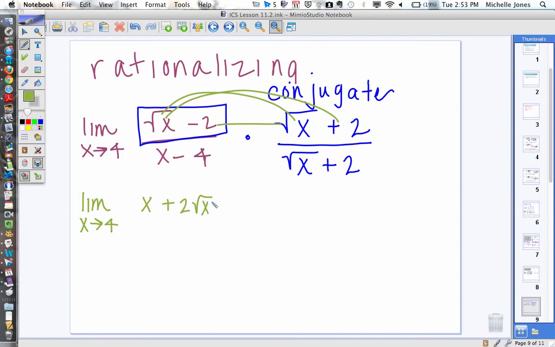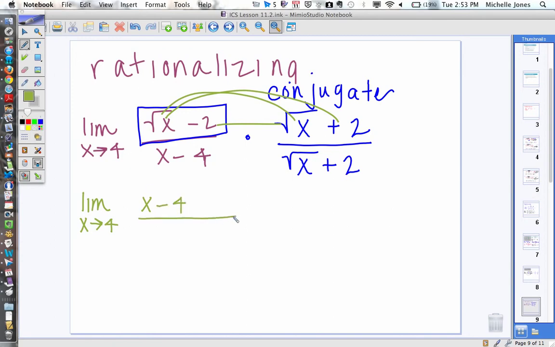Inner, you're going to get negative 2 square roots of x, and then you're left with a negative 4. This is why the conjugate is so helpful. Your inside and your outside terms are going to cancel. So because those cancel, your square roots will disappear. And we're just left with x minus 4 as our numerator.